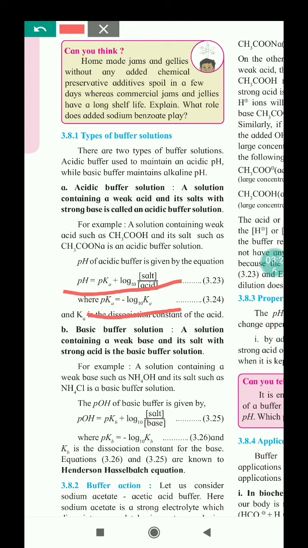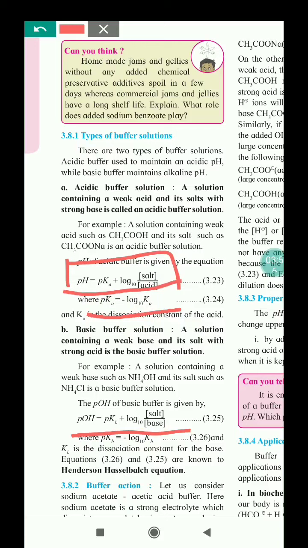This equation is called the Henderson-Hasselbalch equation. Similarly, for a basic buffer it can be proved that pOH is equal to pKb plus log to the base 10 of the concentration of salt upon the concentration of base.